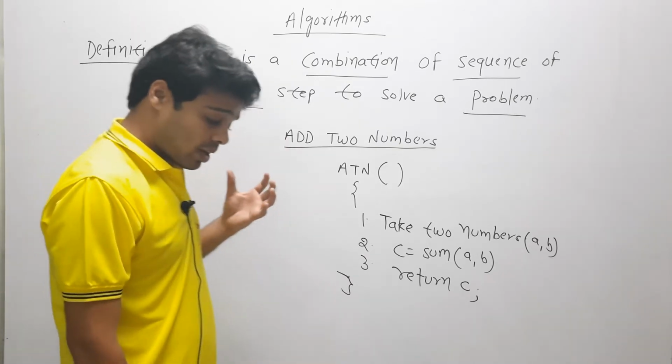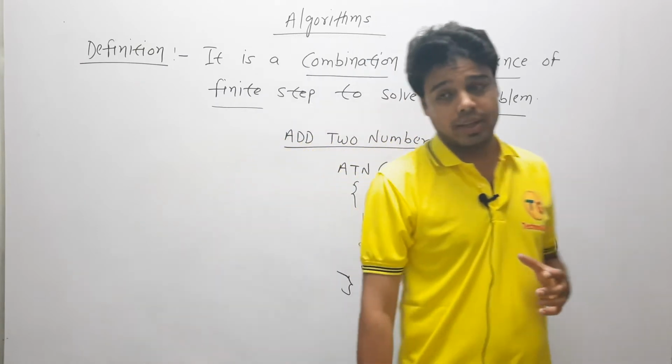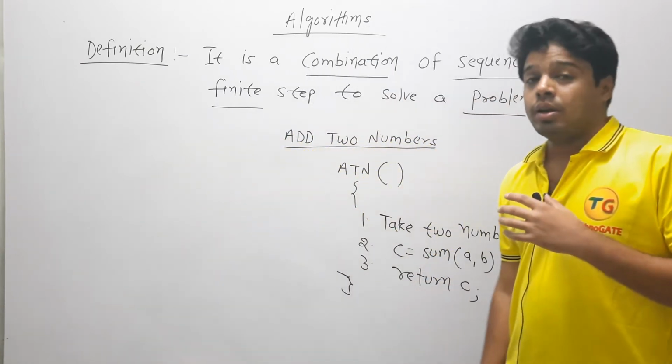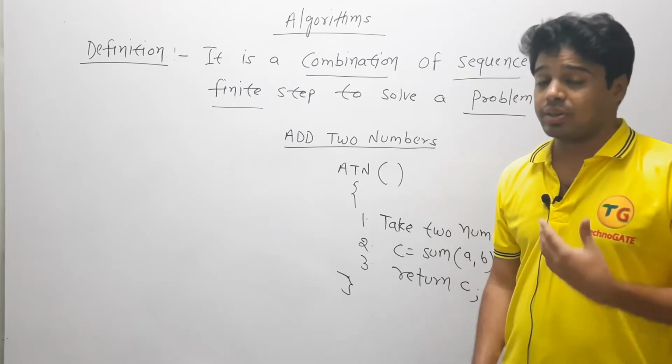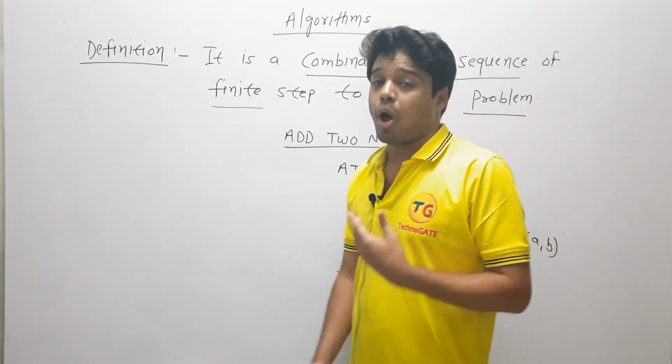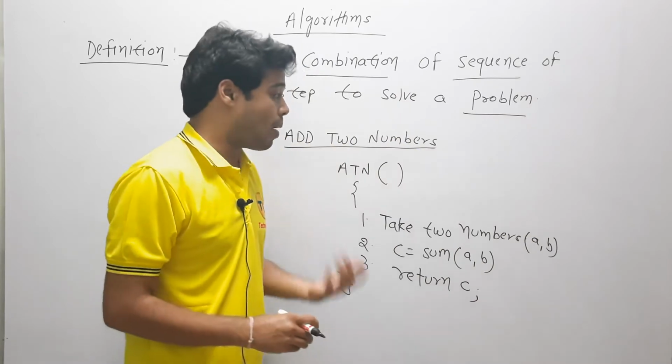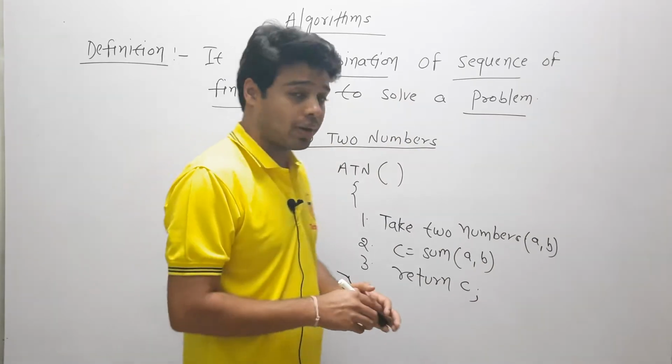Okay, so an algorithm has some special properties for how to execute that algorithm. So first of all, we will learn about the properties of the algorithm. It's a very important part here.